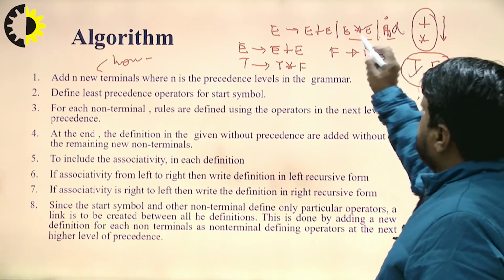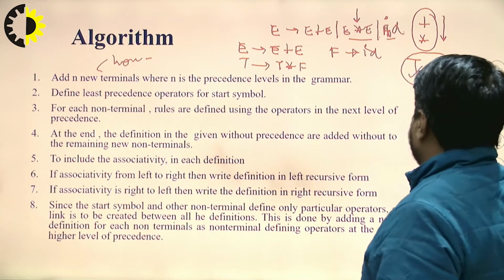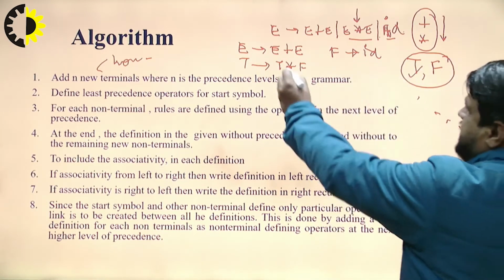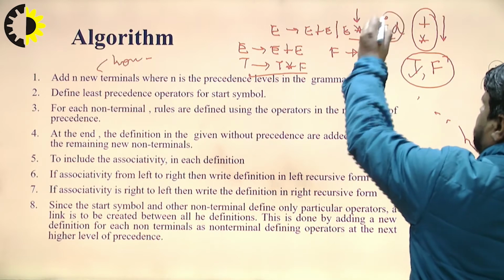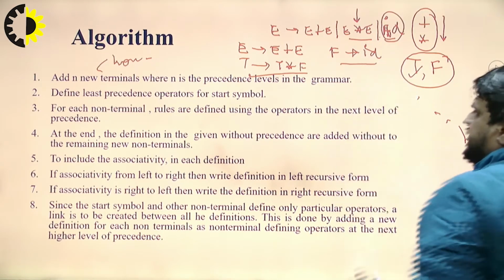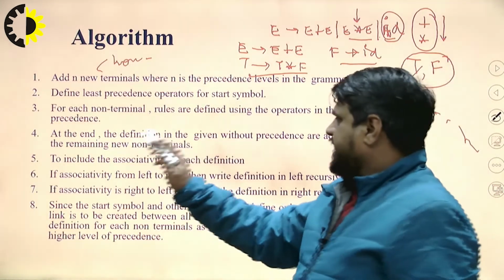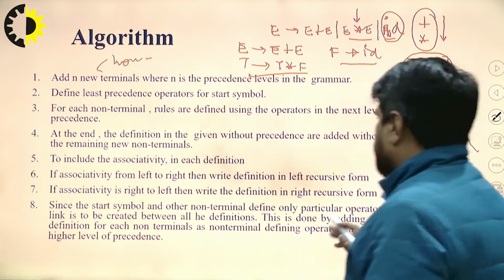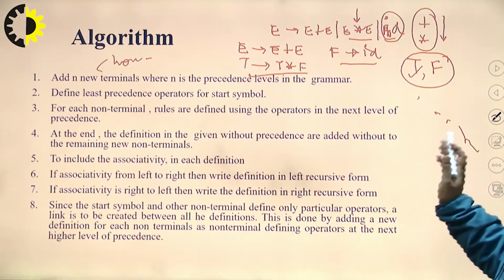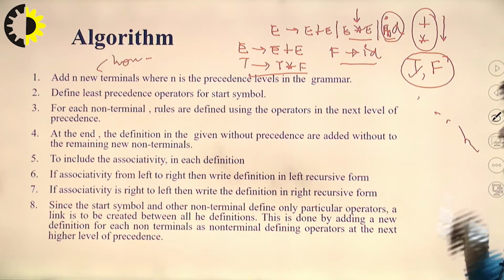So this is the next level. So from the selected non-terminals, I have written down this one, and from the selected one, this one, right? So at the end of the definition, in the given grammar, the rules without precedence are added to the remaining non-terminals.